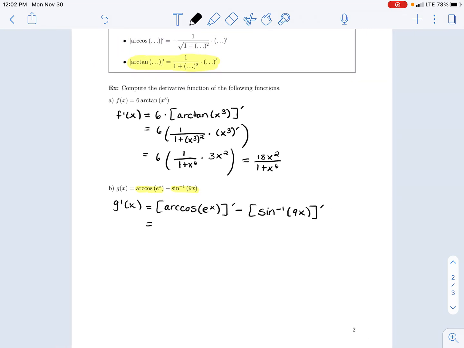And so this is going to be negative 1 over the square root of 1 minus e to the x squared times the derivative of e to the x.